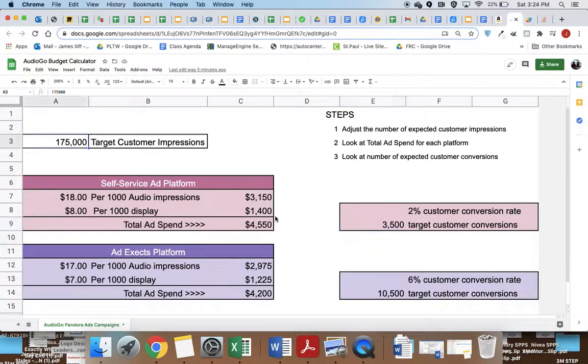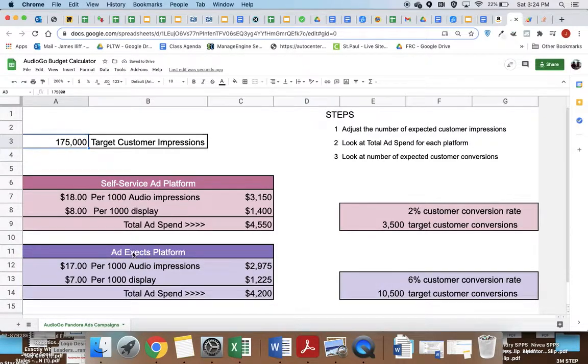Now, you don't have to stick at this number. You can up this number. Wonder if we said 190,000. Now you can see that our ad spend went up and our customer conversion went up, etc. And so you can see how that shakes out. Well, let's put this number back.